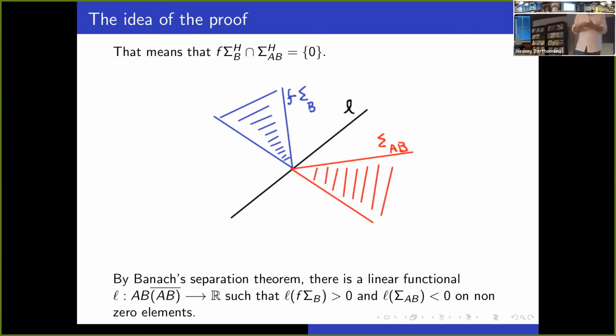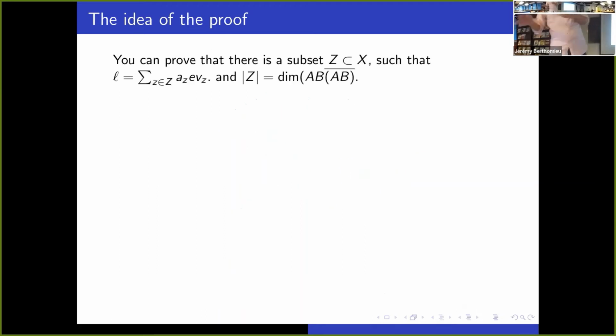By Banach's separation theorem, there is a linear functional L such that L in this cone is strictly greater than 0, and in the other cone is less than 0 on non-zero elements. You can prove that there is a subset Z in X such that your linear functional can be written as a sum over Z of weights times point evaluations.